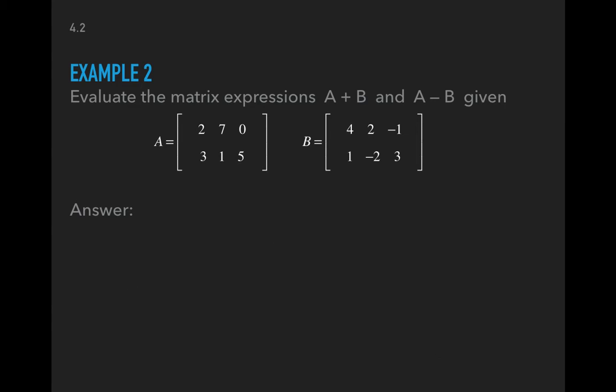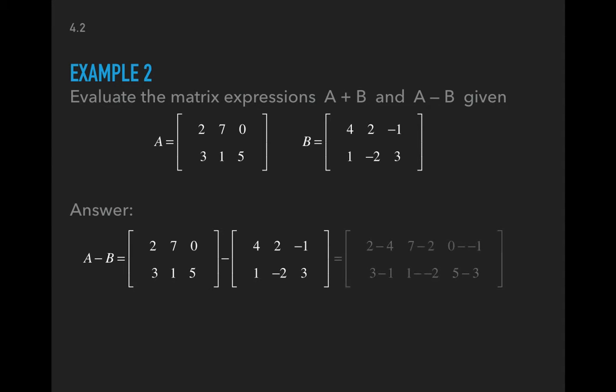Now that we've added, let's try subtracting. It is the same setup, the same process that we take here. We note, okay, they have the same dimensions, we can go ahead and subtract them. If they didn't have the same dimensions, we couldn't go through this operation. So let's begin. Like we did with addition, we're going to work with the corresponding elements, those that are in the same position in each matrix, and we will just subtract them.